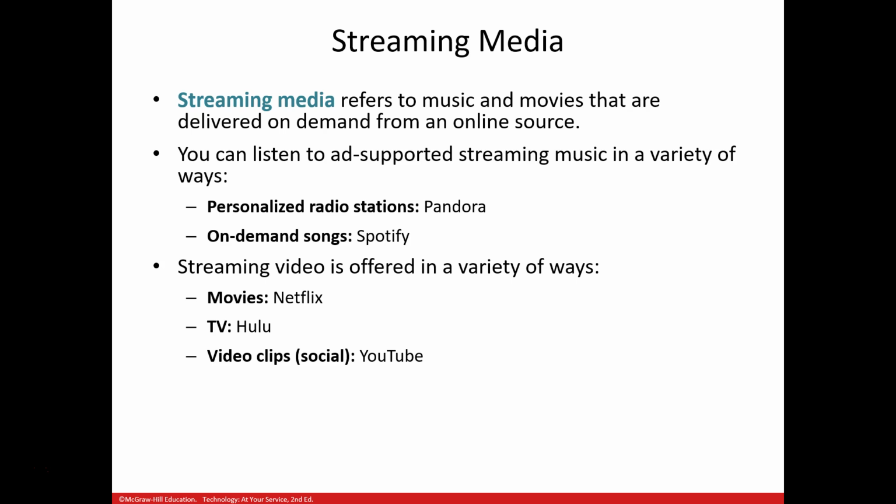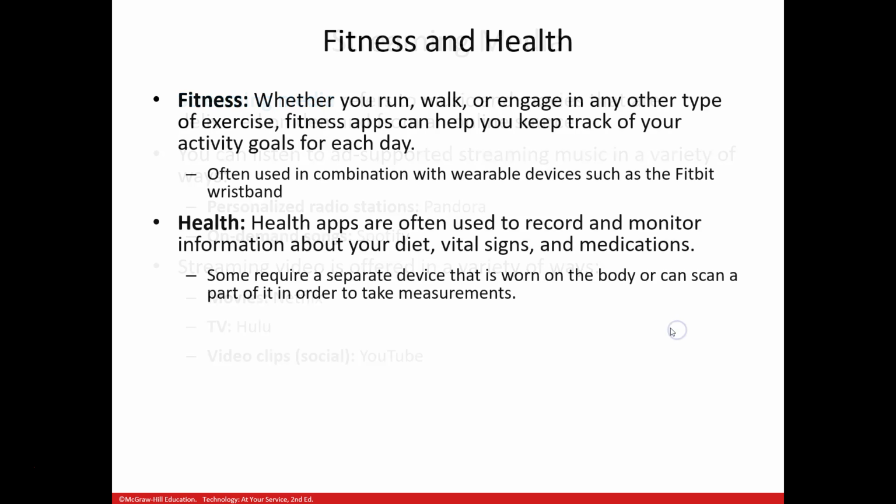These are called streaming, live on demand. Here they give you examples like Pandora or Spotify. You can stream your movies using Netflix, or you can do a live broadcast as well.